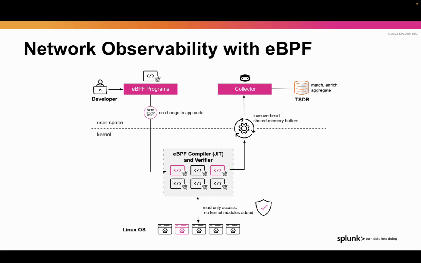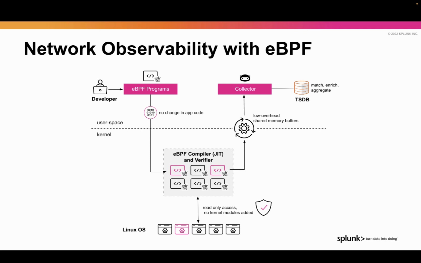A big advantage of using eBPF for network observability is the kernel actually runs the code, so there's no changes required to the application. The kernel also contains a compiler and verifier for eBPF. So one thing this can do is compile to machine code, yielding a highly efficient program. The verifier will statically analyze the code to make sure it's free of invalid memory addresses.